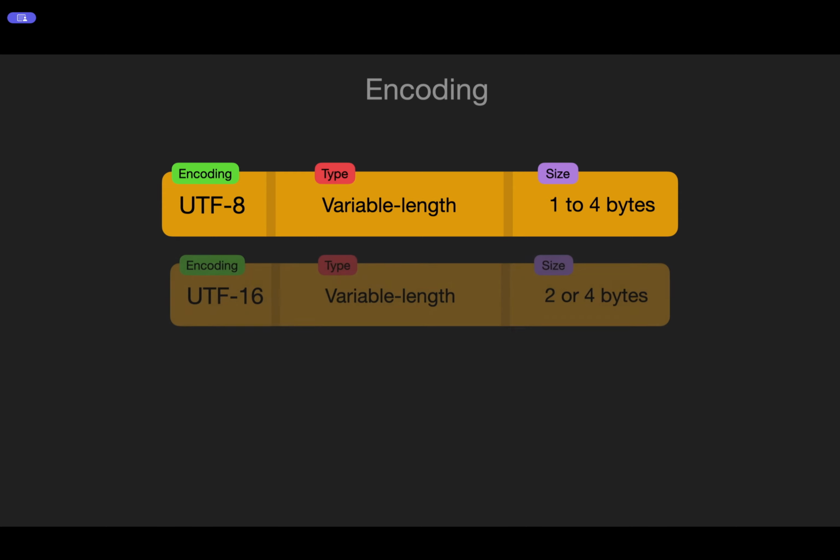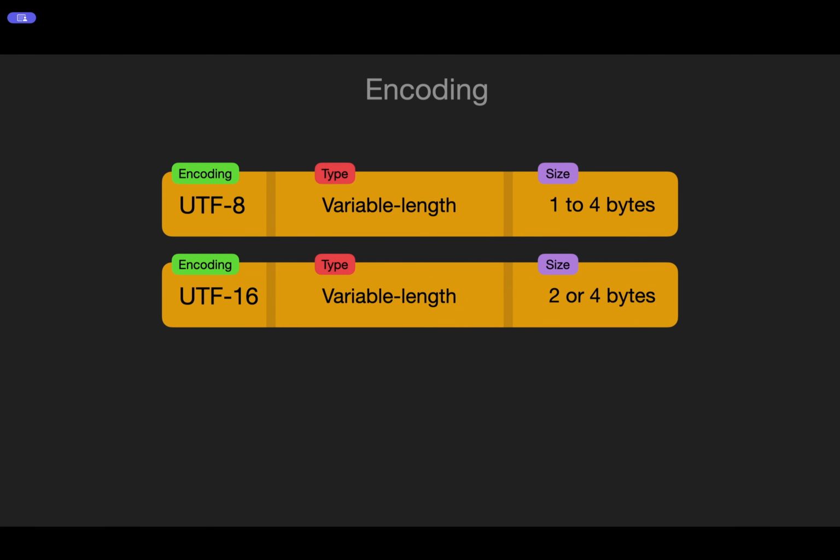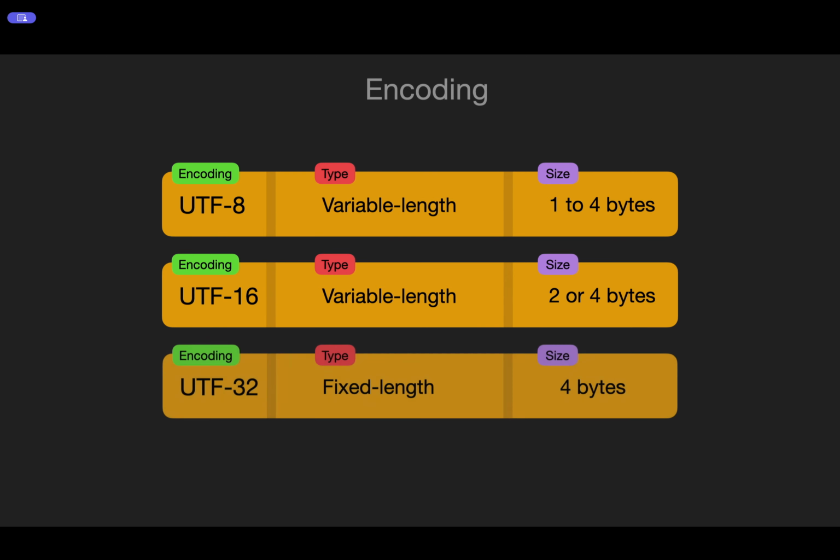There is UTF-16, which is also a variable length encoding, but it can occupy either 2 or 4 bytes. And there is also UTF-32, which is different from the previous two because it is a fixed length encoding, meaning it stores everything in 4 bytes, which is 32 bits.